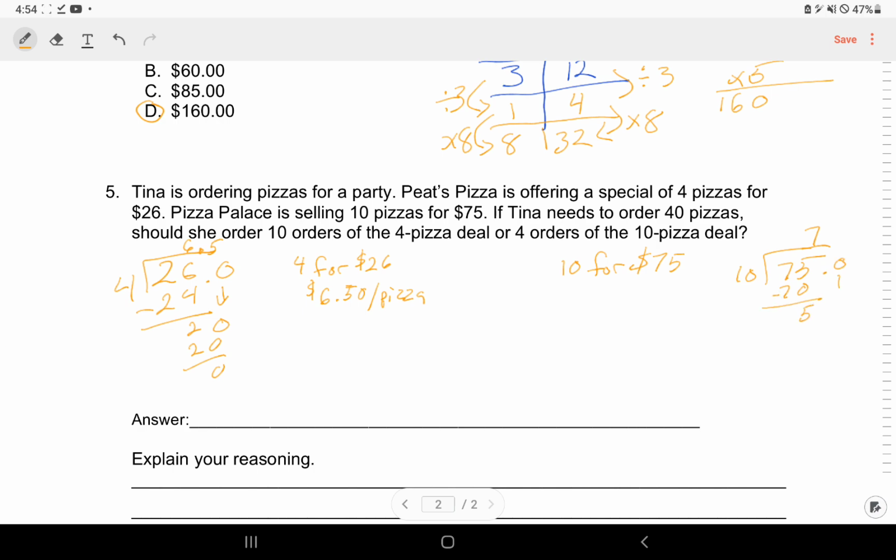Put the decimal, bring down the 0, goes into 50 5 times with nothing left over. And that's $7.50 per pizza. And so, well, that's cheaper for the Pete's Pizza.